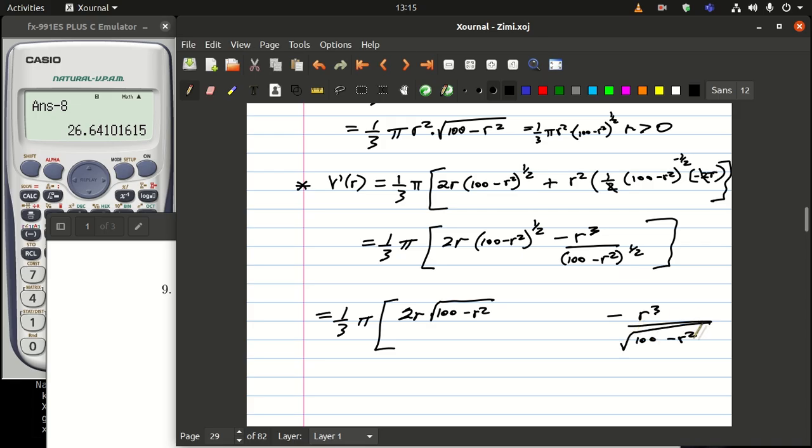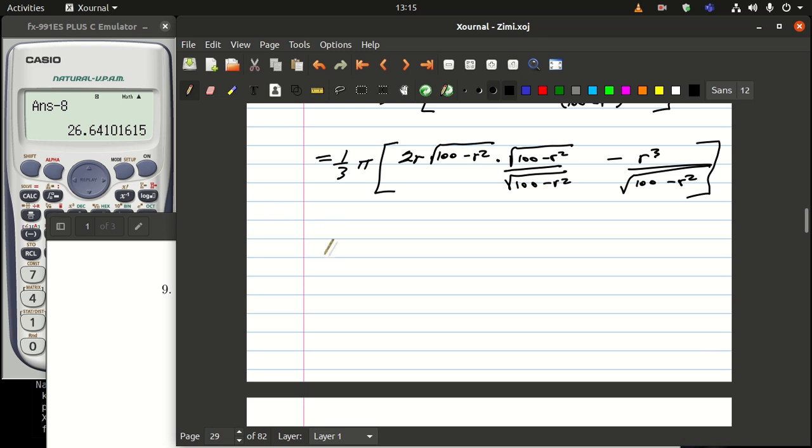Of course this first term does not have a denominator while this one does. This is the same as times 1, and we use 100 minus r squared divided by 100 minus r squared, so that we have a common denominator.